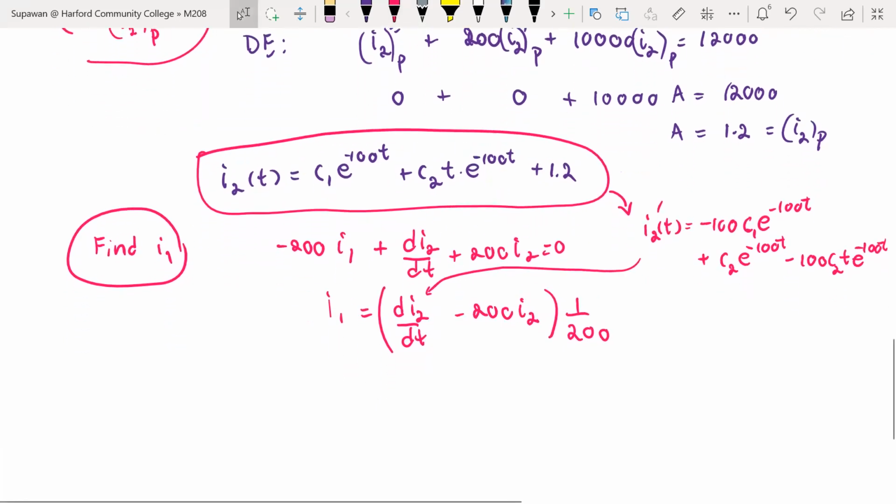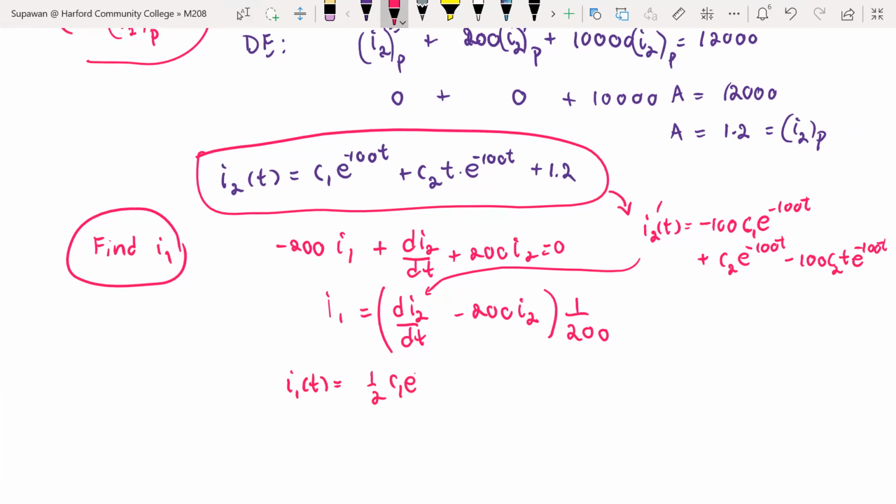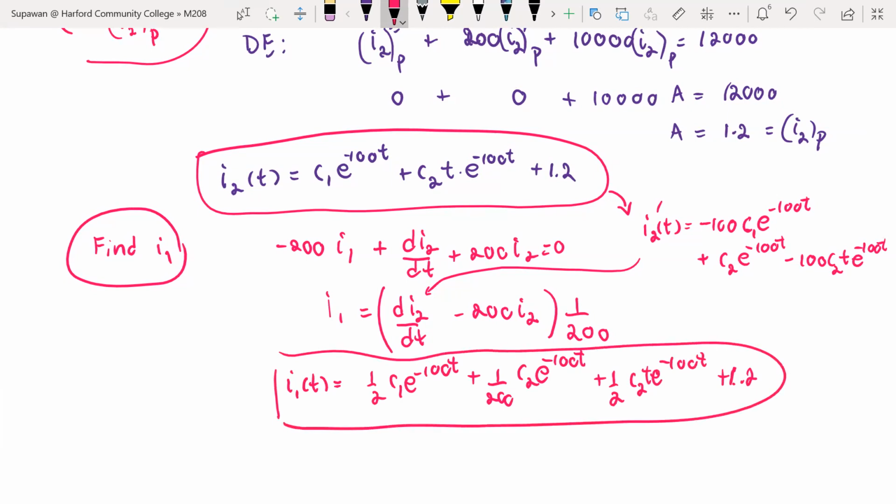And after substitution, we should get I1 as a function of t in the form of 1/2 C1 e to the negative 100t plus 1 over 200 C2 e to the negative 100t plus 1/2 C2 times t times e to the negative 100t and then plus 1.2 as a general solution for the current I1.